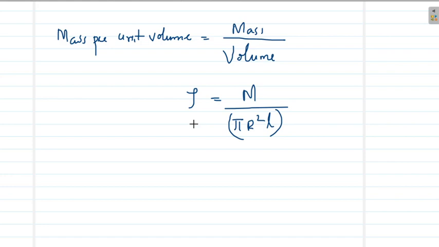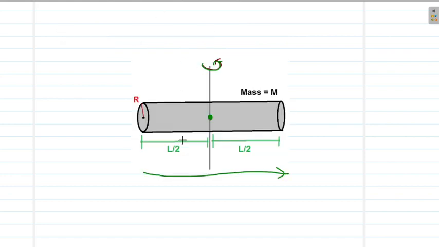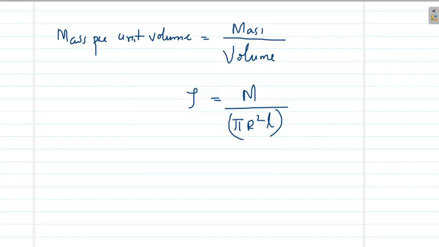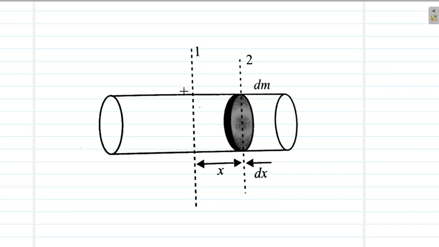Now to find the moment of inertia of the cylinder about this specified axis, we will have to assume a specific case. Here we assume that the total cylinder is composed of small discs like this, and when we are rotating this cylinder about this axis 1, in fact we are rotating all these discs about this axis. These different discs are placed at different positions.